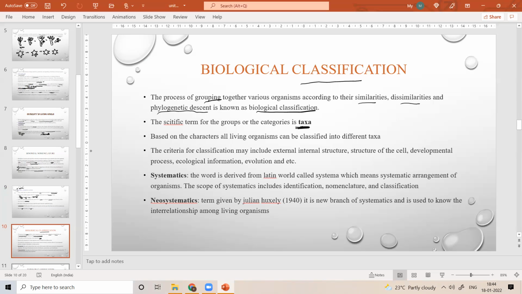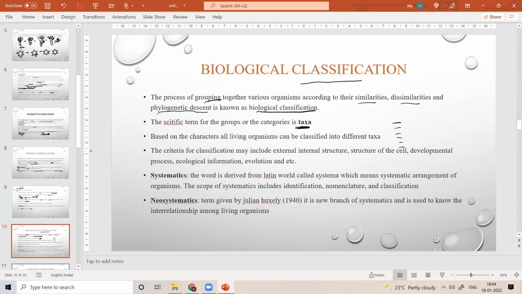So based on the characters, all living organisms can be classified into different taxa. There are different taxonomical levels, level by level, there are many levels.